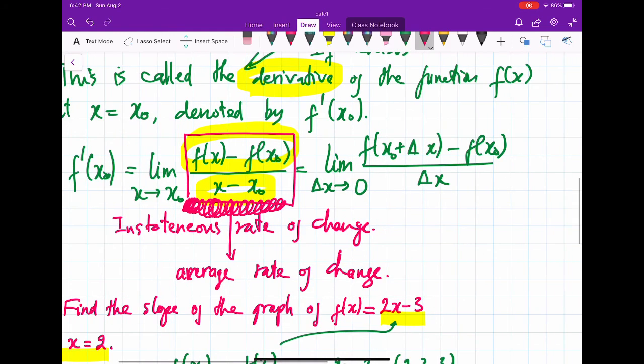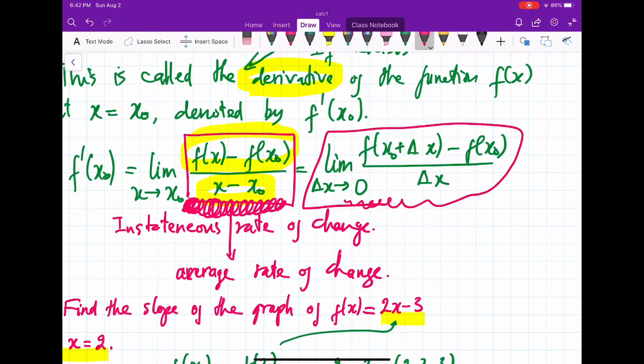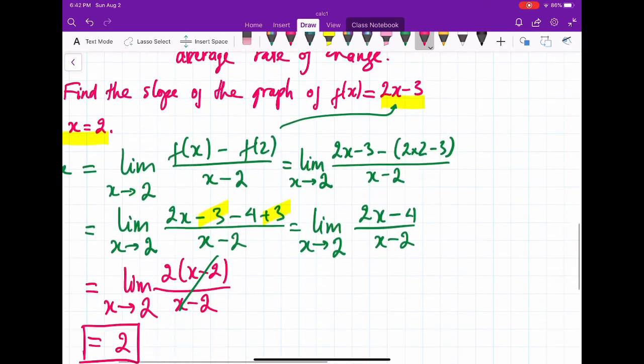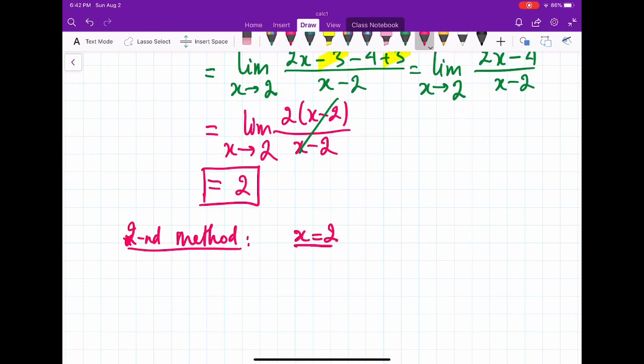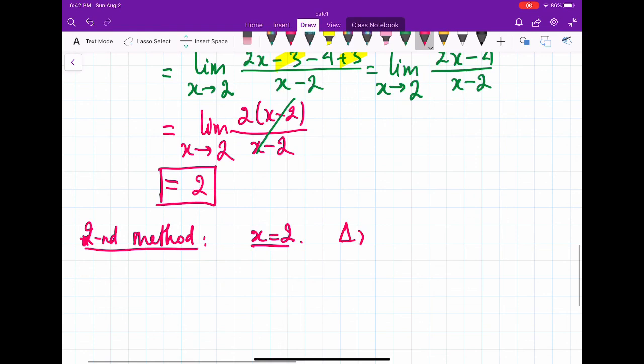Now let's show how to get the slope using this other formula. This is the second method. We have x equal to 2, that is x0 actually in the formula. So delta x is x minus 2.